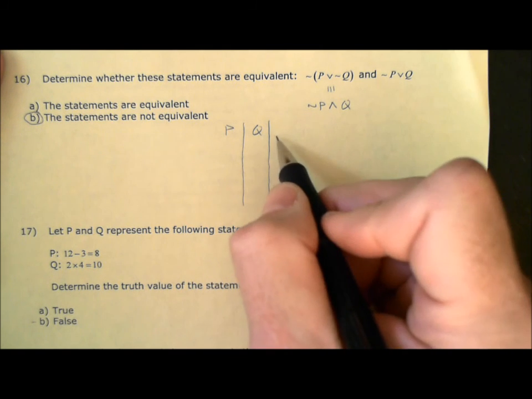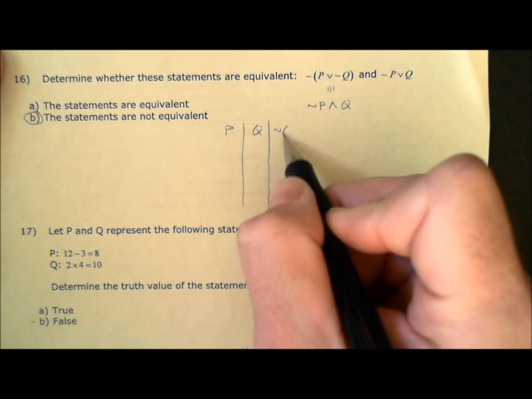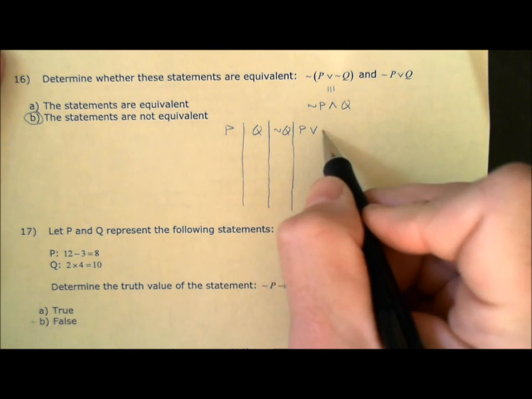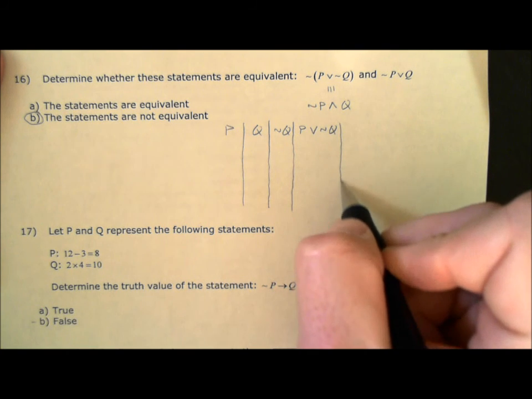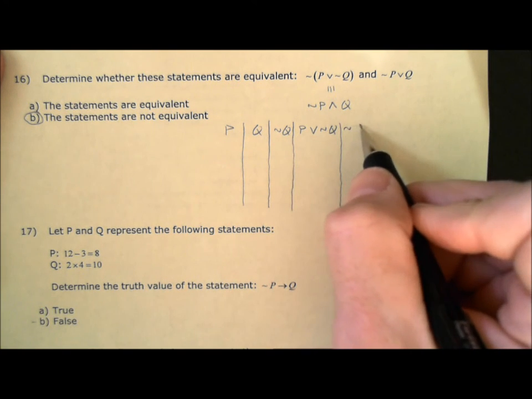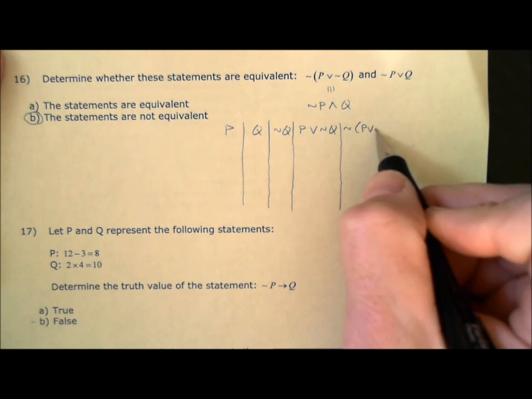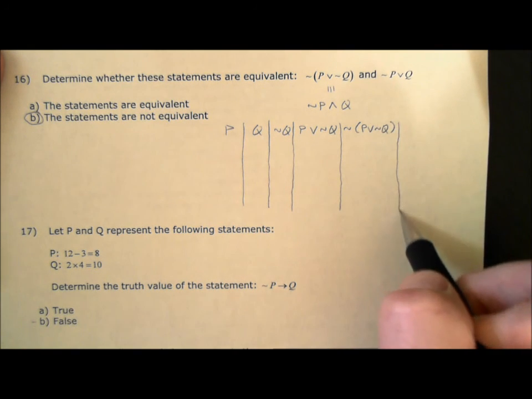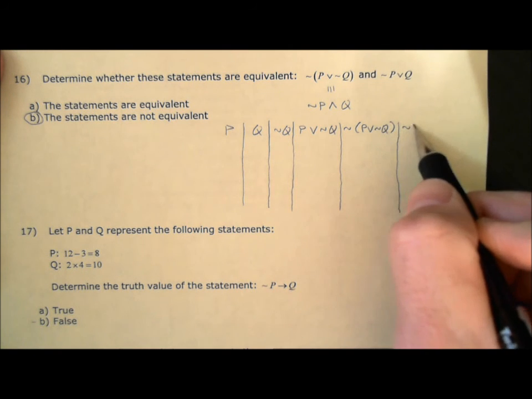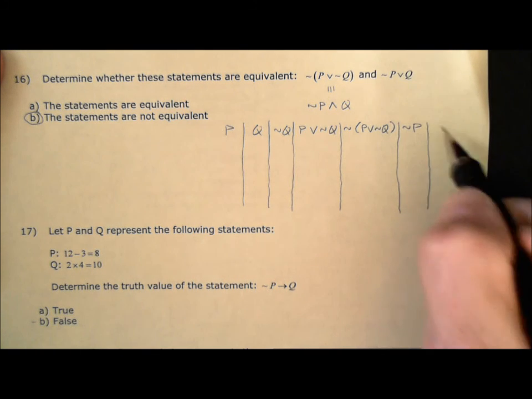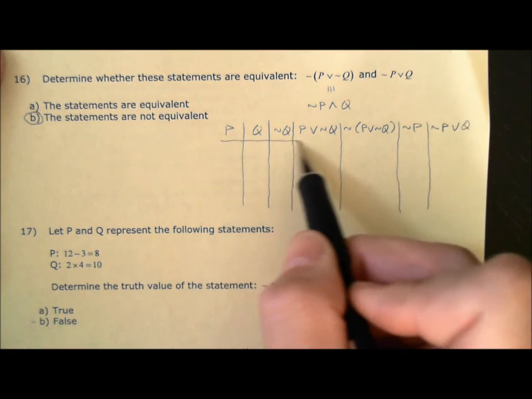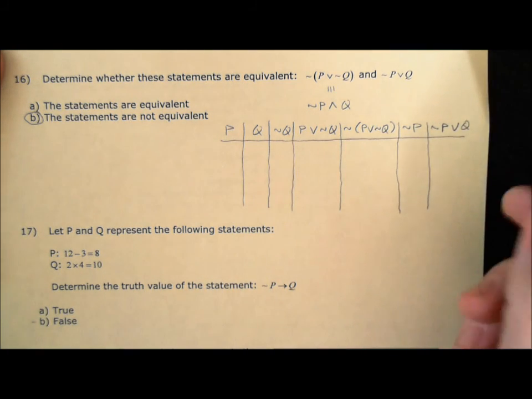We're going to need a not Q. We're going to need P or not Q. We're going to need its negation, not (P or not Q). And we'll need a not P. And finally, we'll need not P or Q. A lot of helper rows here.